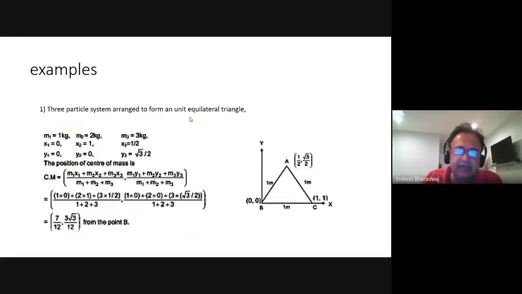So the position of the center of mass in this case is a vector that points from 0, 0 to that position. That position is 7 by 12, 3 root 3 by 12. So it is 7 by 12 i plus 3 root 3 by 12 j. That is the position of the center of mass.